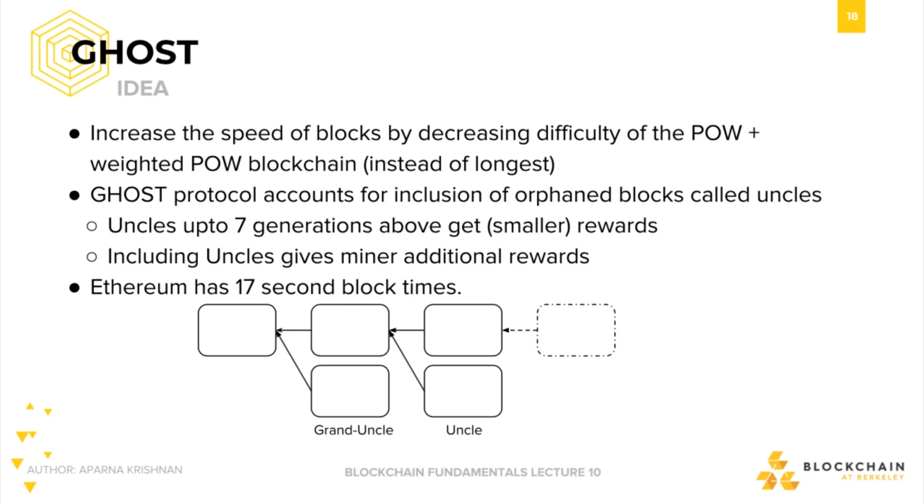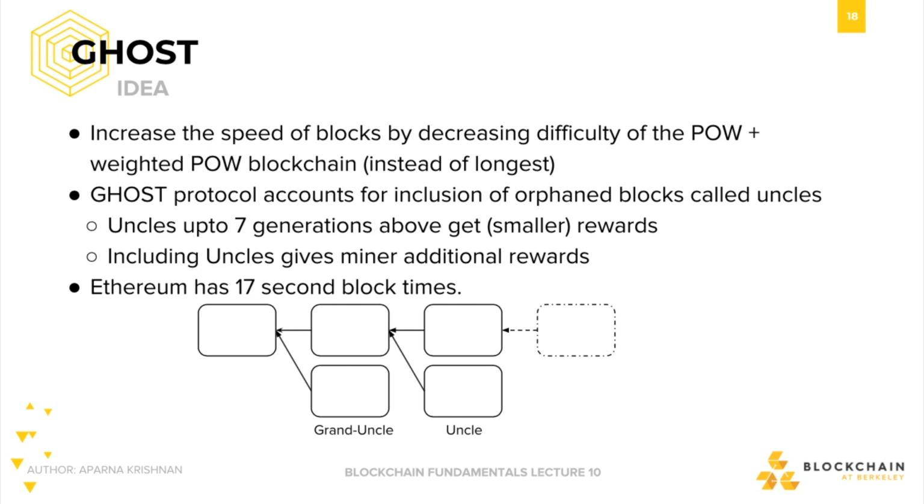So if you are a block and you include your grand uncle, you will get an additional reward for including that uncle, and your uncle will also get some small portion of the reward.